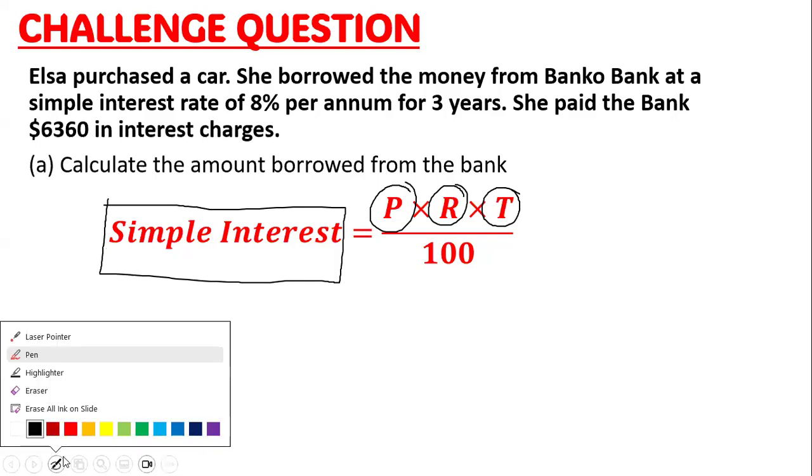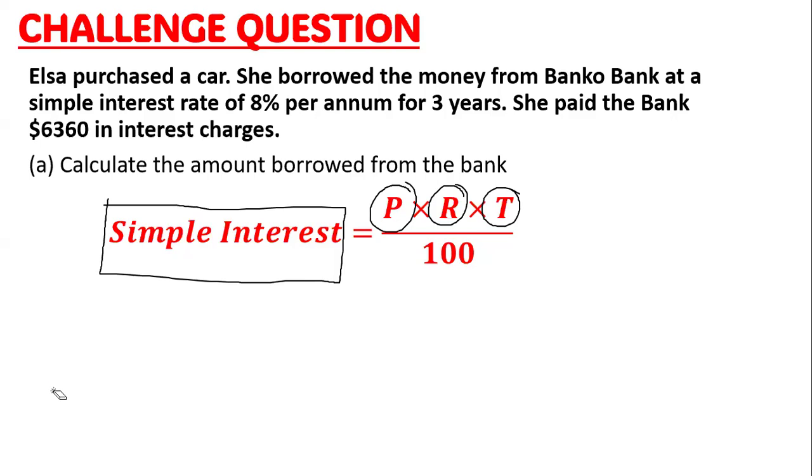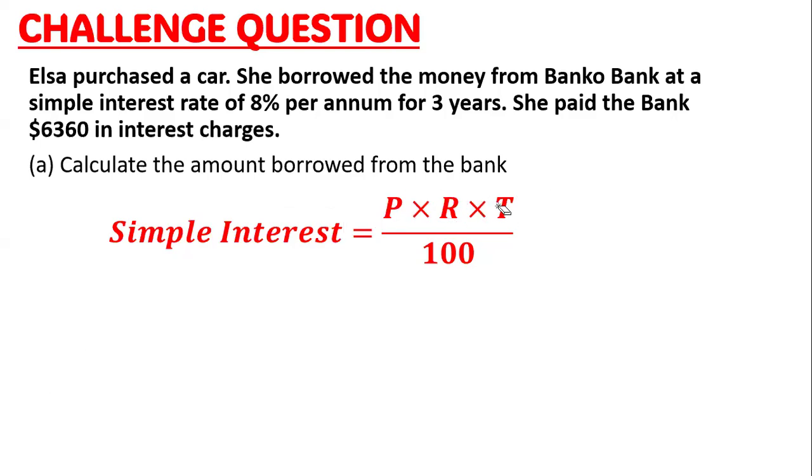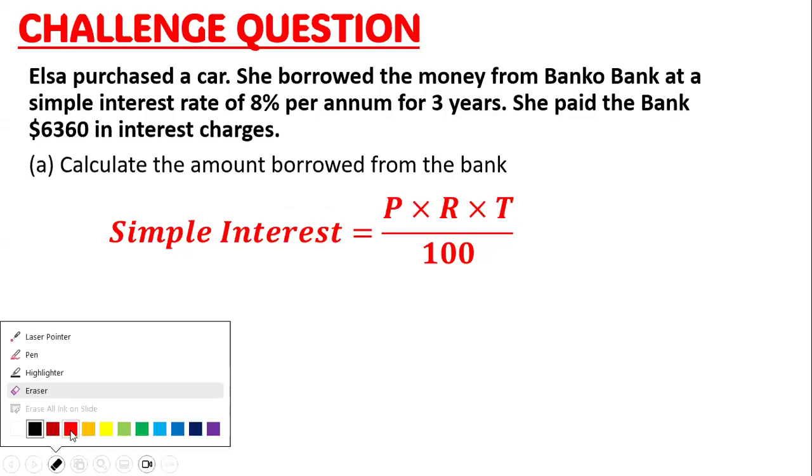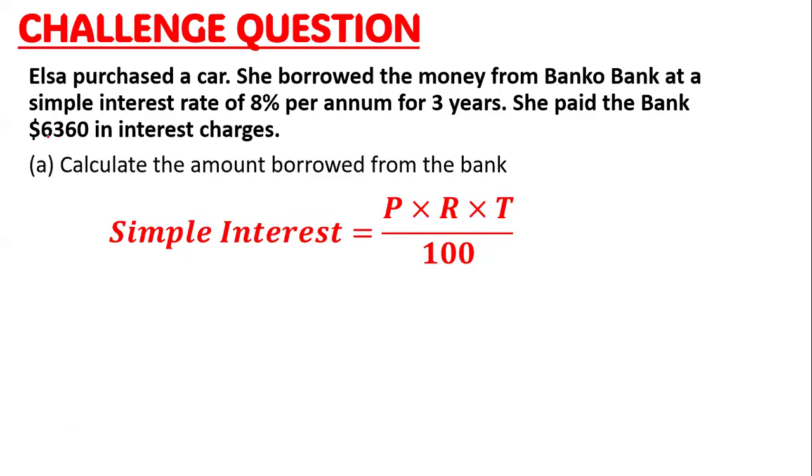However, in this case, what did they give us? They gave us the simple interest already, so we didn't have to find that. The simple interest was 6,360.